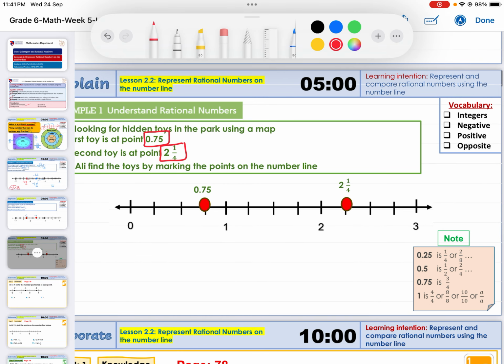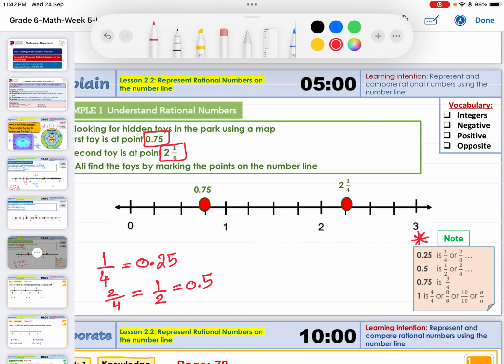Okay, now we have some basic fractions and decimals in math that you should be aware of. And instead of doing long division to get the decimal of that fraction, just memorize them. They're basics in math. So you should know that 1/4 is equal to 25 hundredths, or 0.25. That 2/4 is the same as a half, which is equal to 0.5.